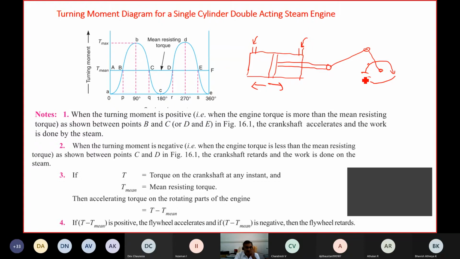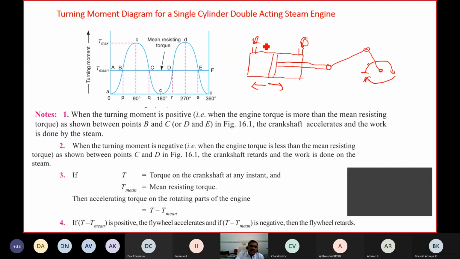In the case of a steam engine, it has only 2 strokes. Stroke 1 is the forward stroke. This is double acting. If it were single acting, fluid would enter from one side only and would not enter the other side. Double acting means it will act on both sides.